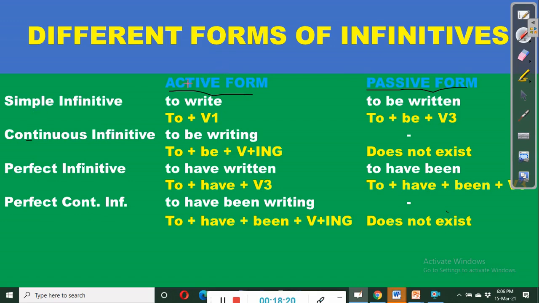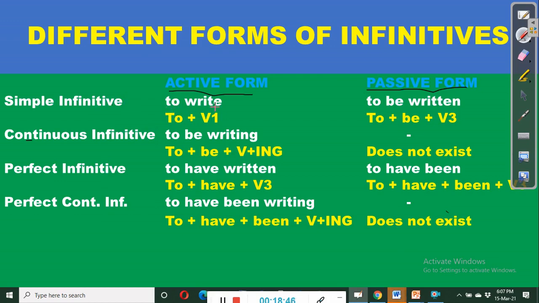Now let's look at the simple infinitive. Let's start with the active simple infinitive. It might interest you to know that two of these types have both active and passive, and that is the simple and the perfect. The continuous and the perfect continuous don't have any passive form. Now let's begin with the active simple infinitive.